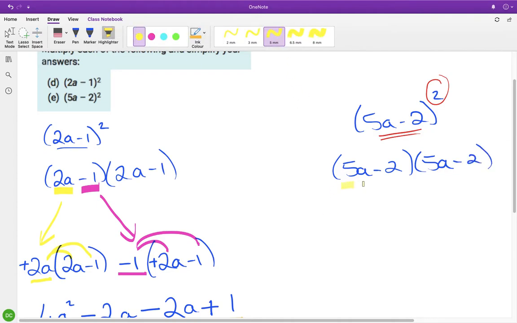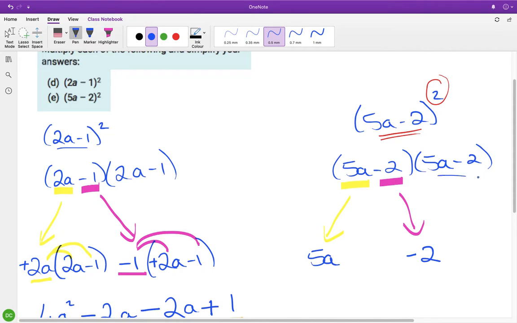Take the first one and put it over here, take the second part and put it over here. So the 5a goes here and the minus 2 goes here, and then I'm going to put the second bracket down twice, once after the 5a and once after the minus 2.